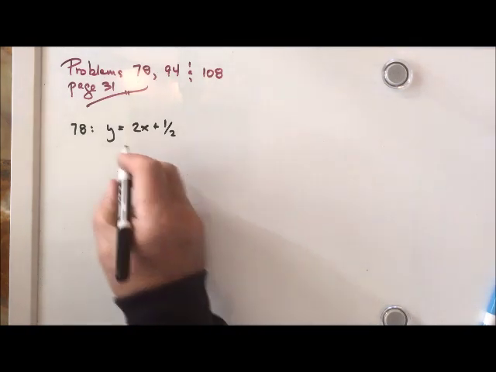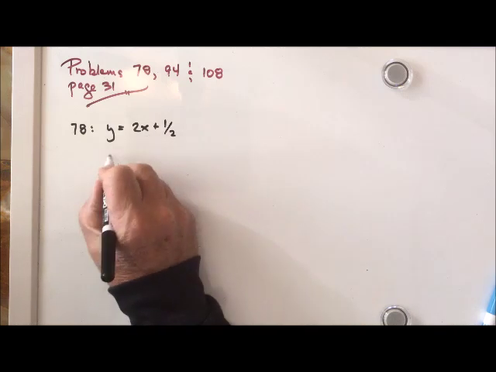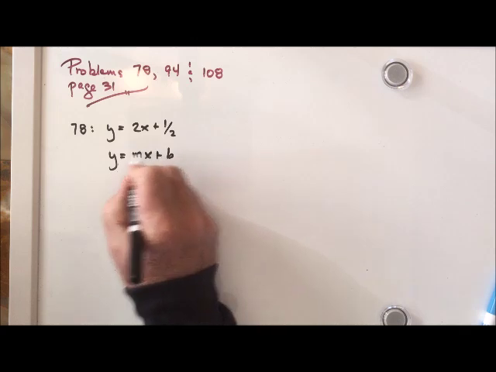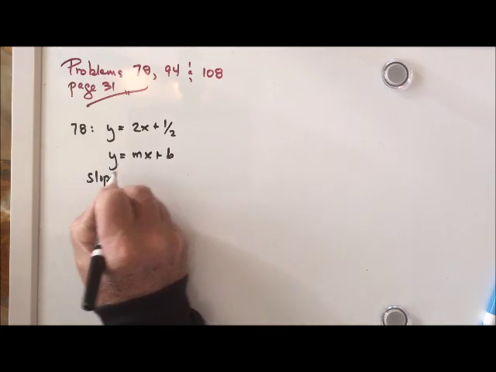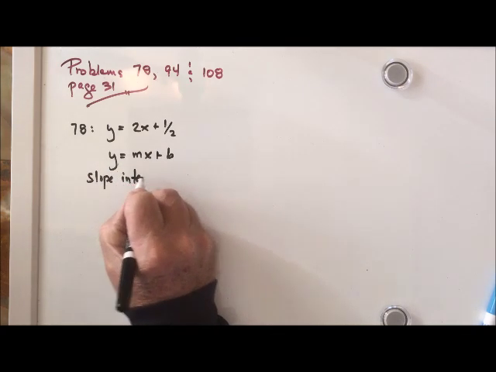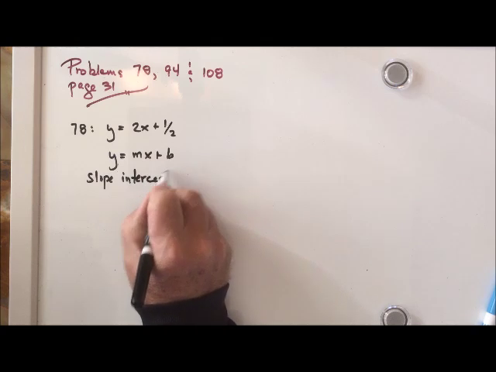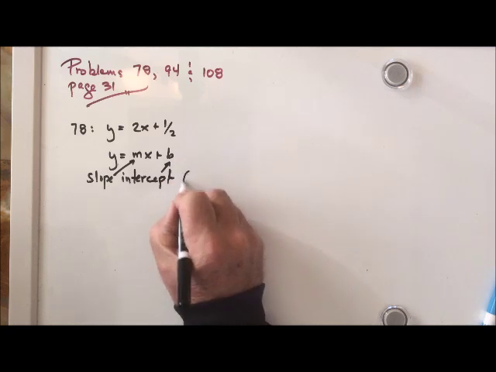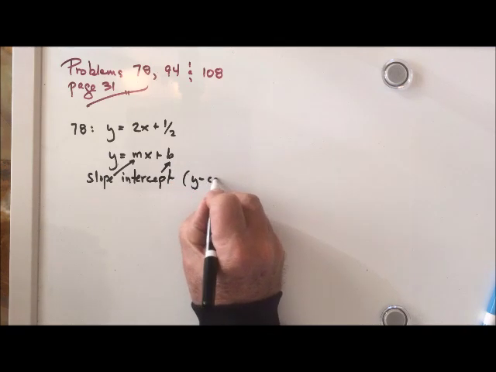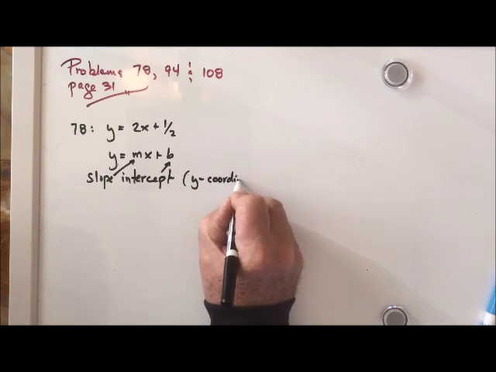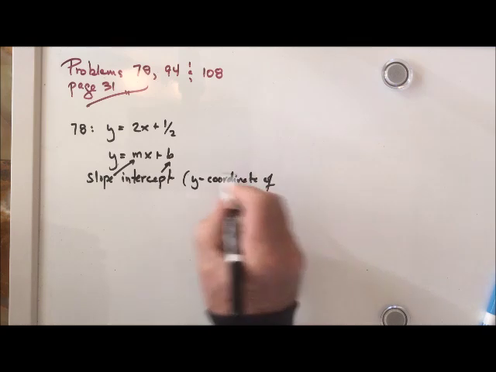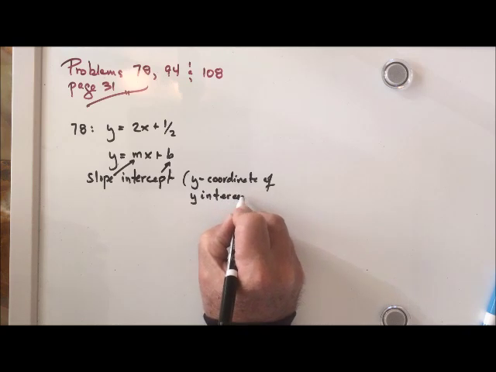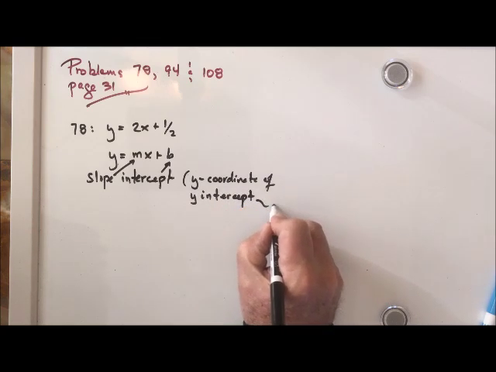I think you can recognize the form that was given here is the so-called slope-intercept form, where m is the slope and b properly is the y-coordinate of the y-intercept. Because after all, the y-intercept is an ordered pair.